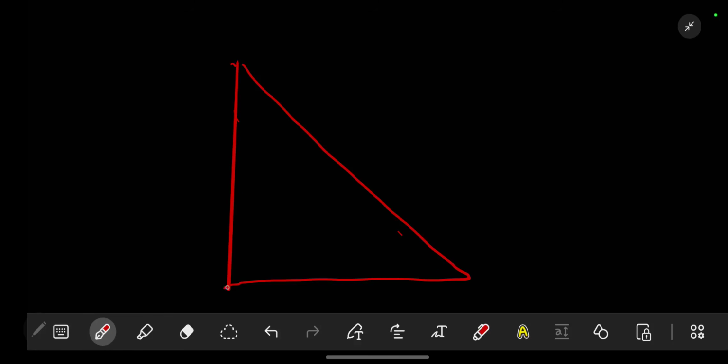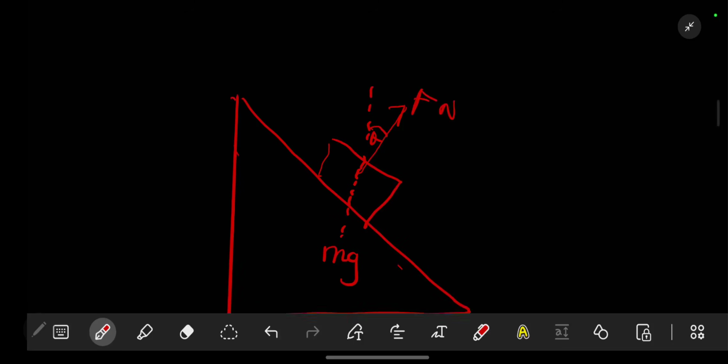We have the normal force like this. We have said that the angle is here, the angle theta. If you extend this line, you are going to meet the weight of the object, our mg, like that.